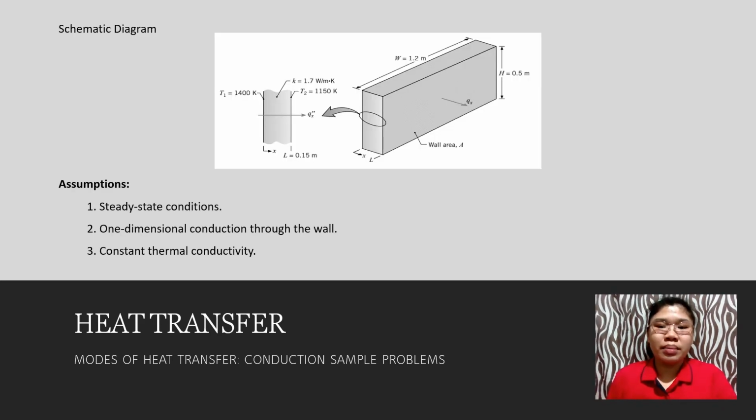Schematic diagram. So we have here the schematic diagram with all the given: the temperature, the thermal conductivity, the length. We can solve for the wall area because the dimensions are also provided. And then assumptions: steady state conditions, one-dimensional conduction through the wall, and the thermal conductivity is constant.